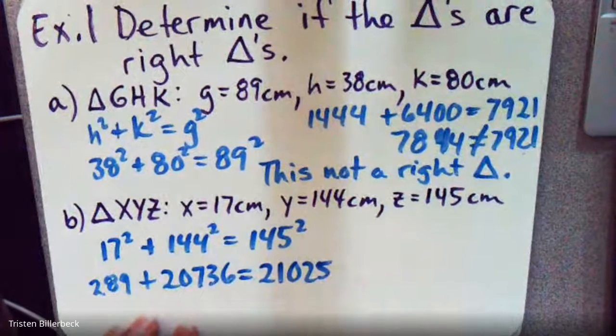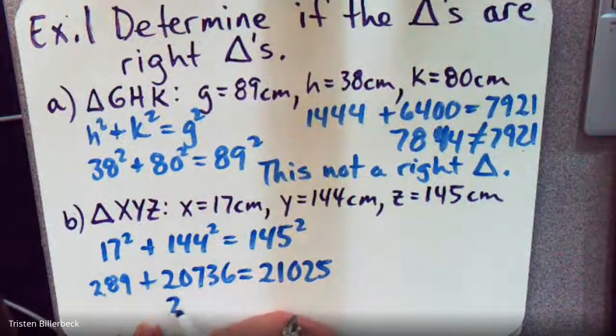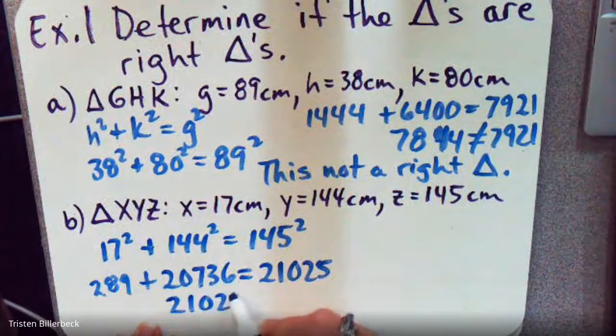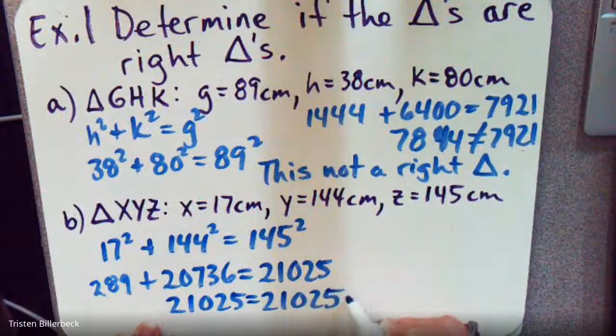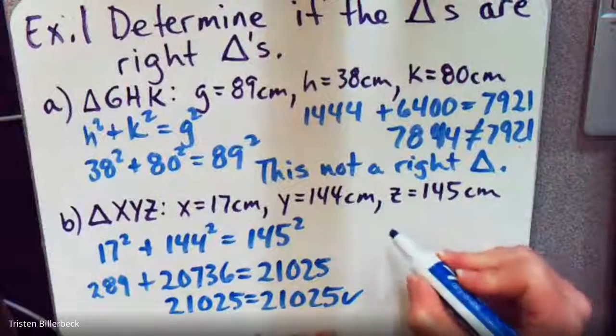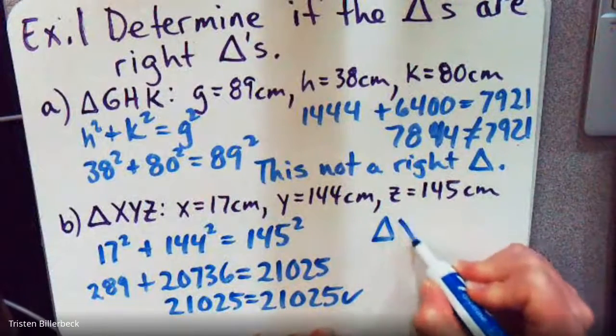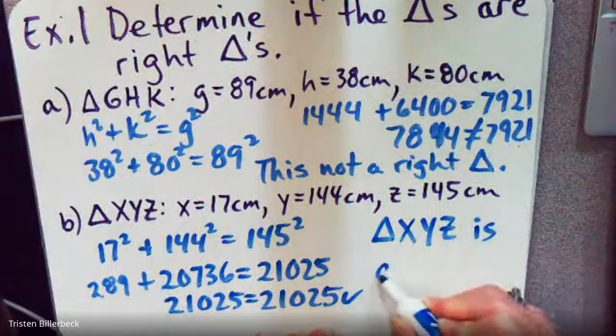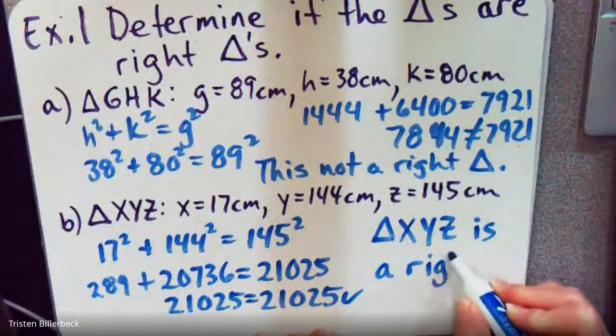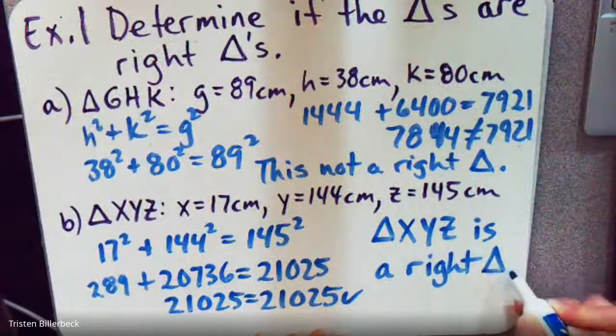Okay, so when we add these together, we get 21,025 equals 21,025. So triangle XYZ is a right triangle.